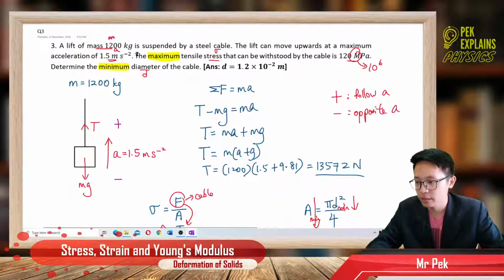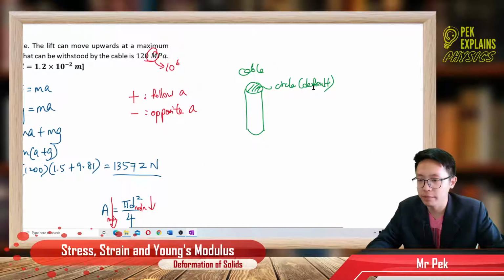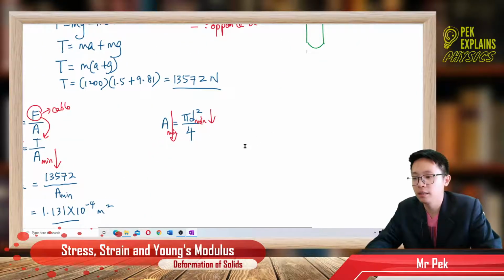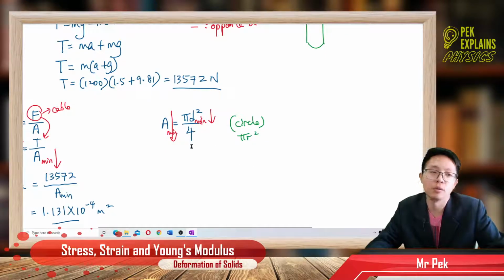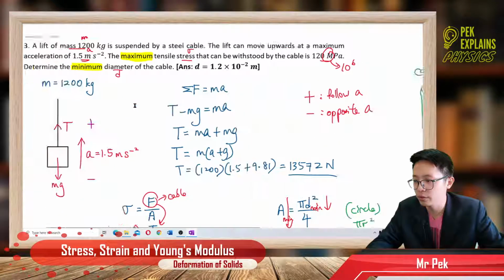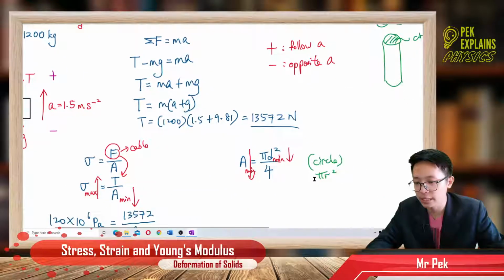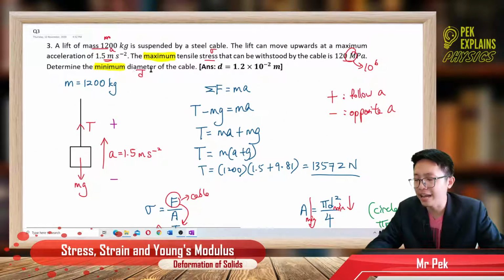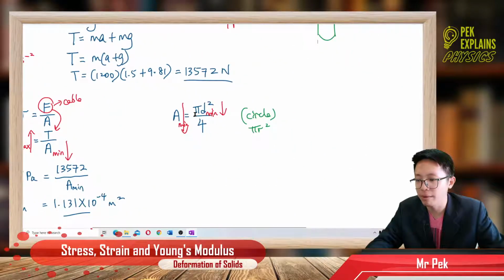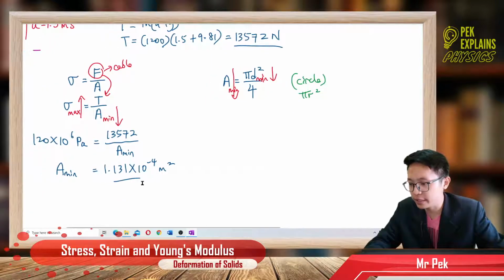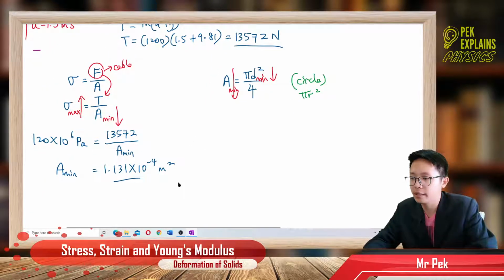So for a circle, the area is pi r square or pi d square over 4. If find radius, then we use pi r square. But if find diameter, we straight away use pi d square over 4. So I got the area just now. Just substitute inside. And that's it.